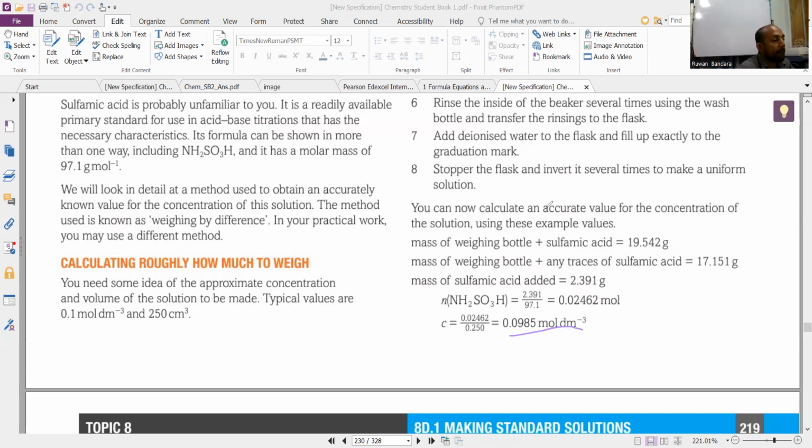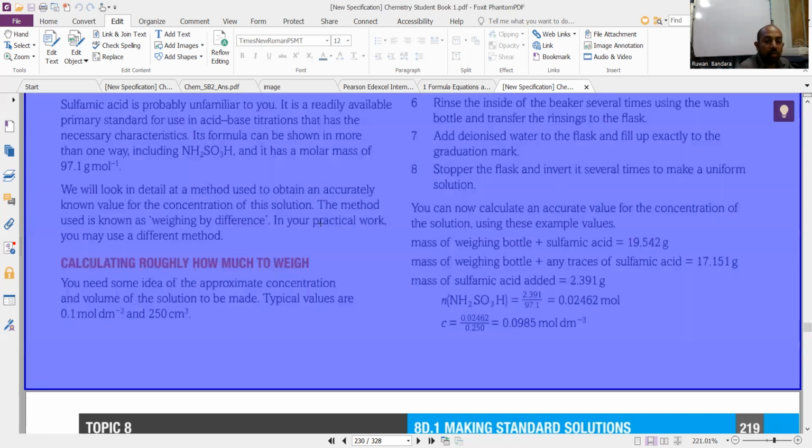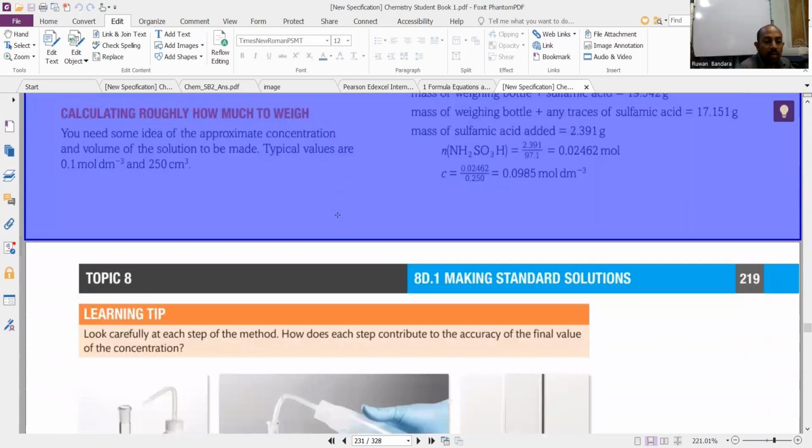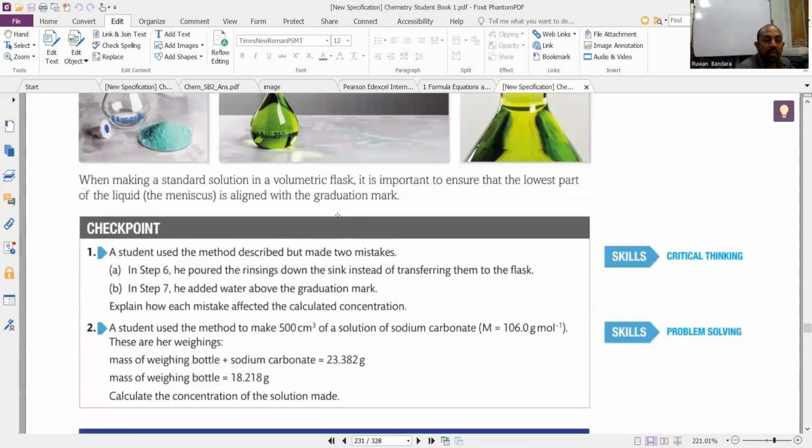Clear? Shall we answer these two questions, checkpoint 1 and checkpoint 2?